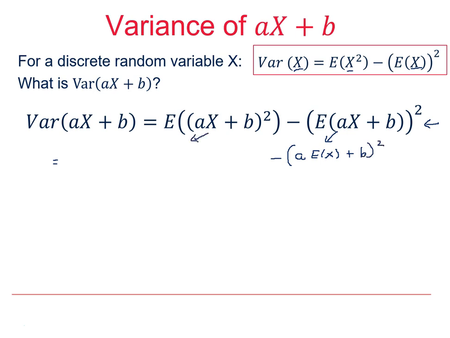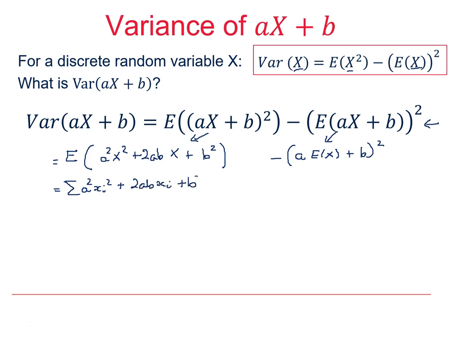If we look at the first term, we write that as the expected value of a squared x squared plus 2ab x plus b squared. We can then use the definition of expectation to write that as the sum of a squared xi squared plus 2ab xi plus b squared, multiplied by the probability of obtaining that value of x.